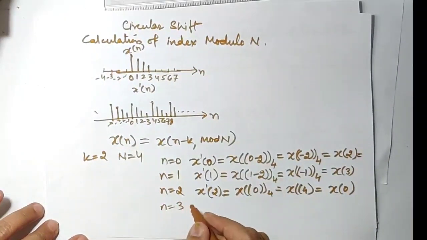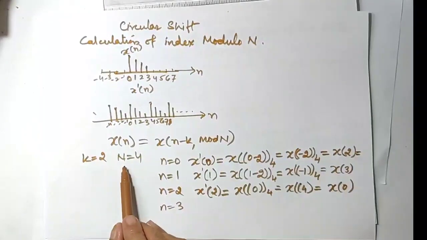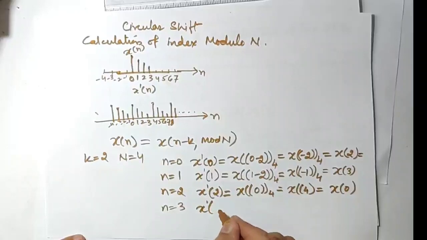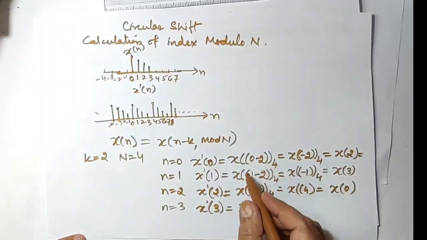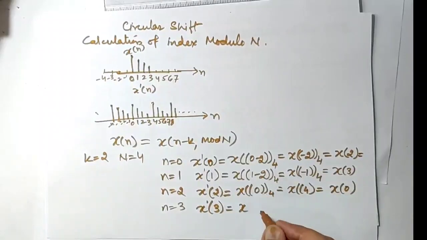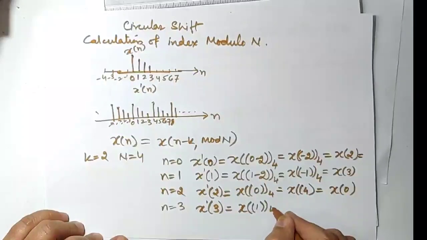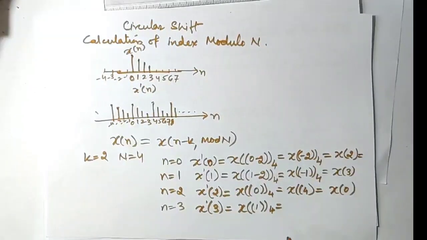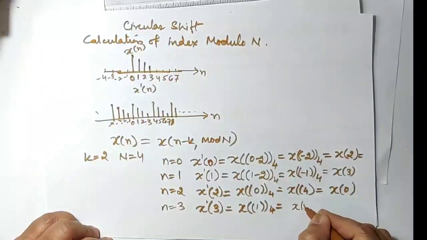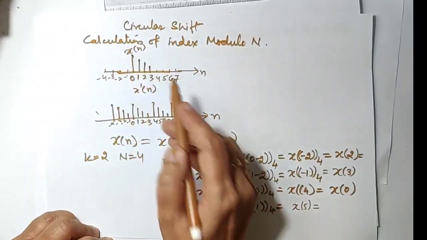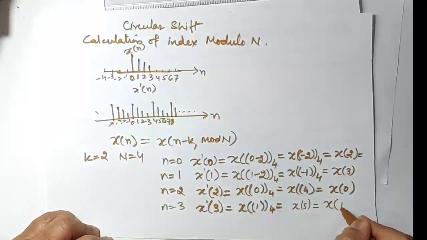Similarly, n equal to 3. We have to do it for n equal to 4 as well. So x dash 3 will be n minus k, meaning 3 minus 2, so we will have x1, modulo 4. Actually we go for x5, but at 5 we have the value of x1, so I write x1.